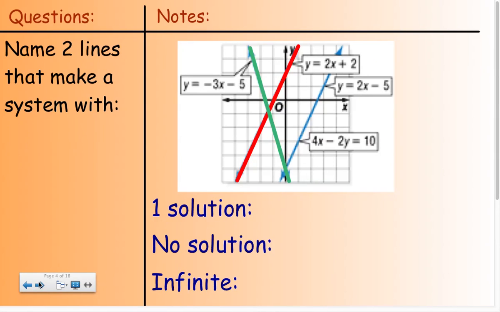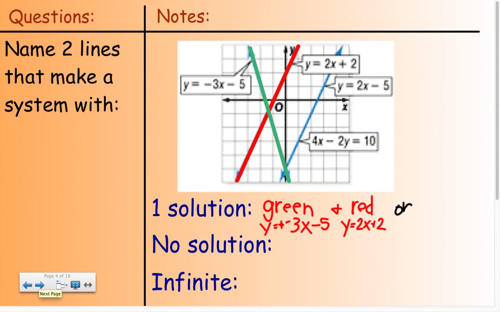We have our green line, which is y equals negative 3x minus 5, and our red line, which is y equals 2x plus 2, or we have the green and blue.